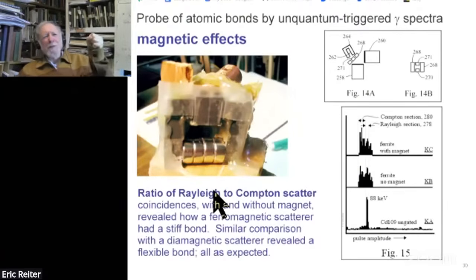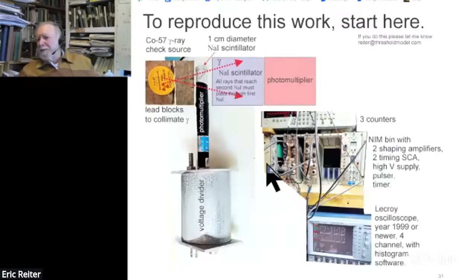If the bond is flexible, if the electron gets pushed, you get a Compton scattering, and you get to see it in the spectra in the same kind I showed earlier, where it's a triggered pulse height spectrum. And it changes whether you put a magnet on it or not. So this was an incredible discovery. So the whole thing is full of discoveries.